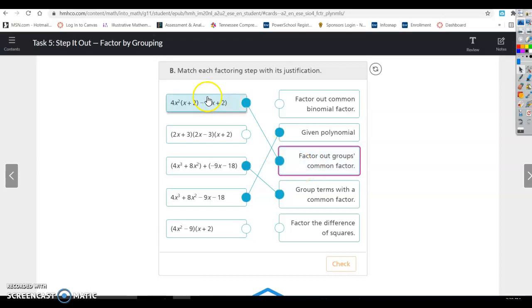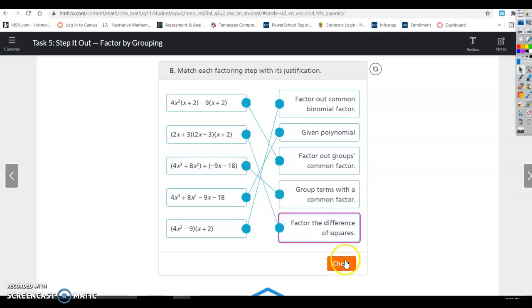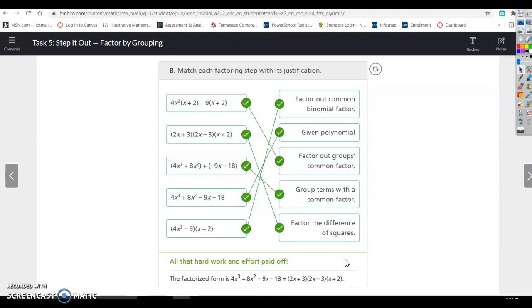And then after that, we've got factor out the common binomial. So that would be here at the bottom, that next step. And then last is factor the difference of squares. All right, so that's just matching the steps with the description. So if you have to explain what these are, this is a good way to explain it.